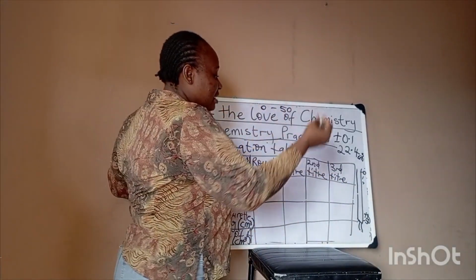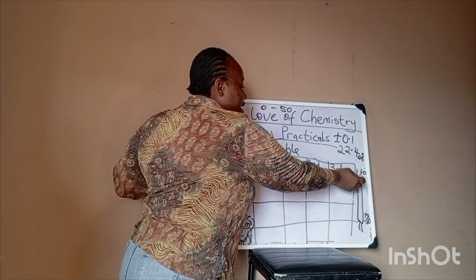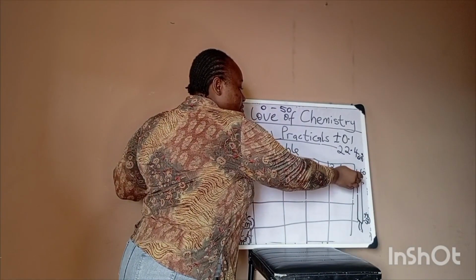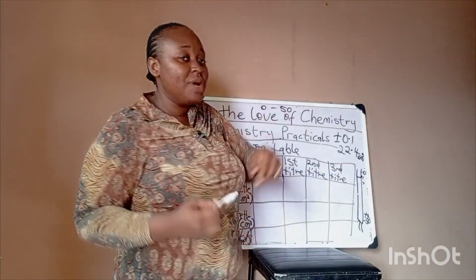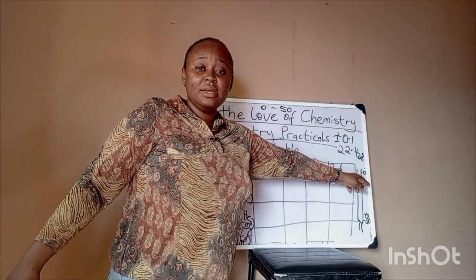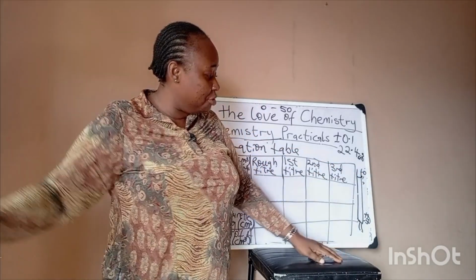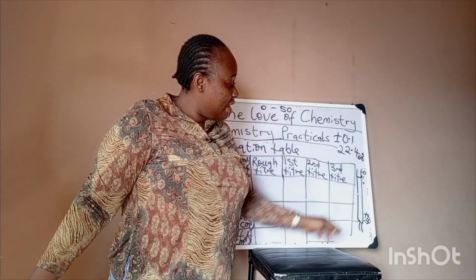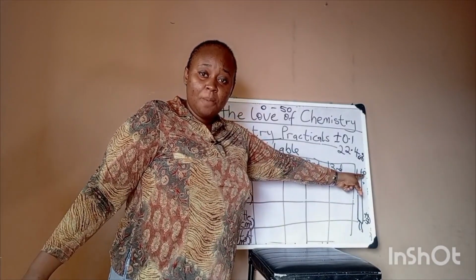So let's say if your initial, that means you filled up the level of the A to get to this place. So your initial burette reading will be where the volume of A is before you started the titration. So let's say this is our burette and we filled it up to this place, and this is at number 1.